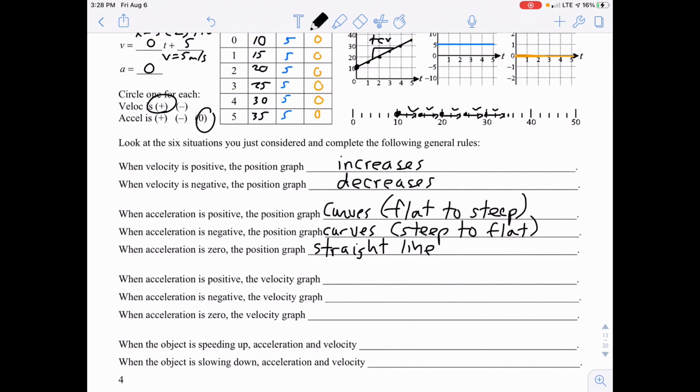When acceleration is positive, the velocity graph has a positive slope, slopes upward, straight line. When acceleration is negative, the velocity graph has a negative slope. When acceleration is 0, the velocity graph is a horizontal line, meaning 0 slope.